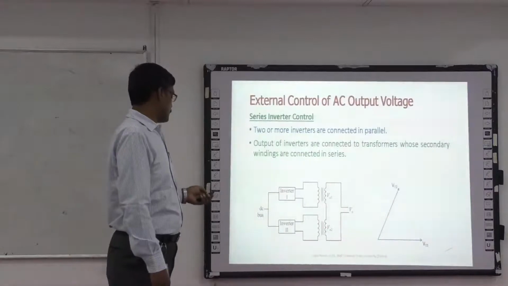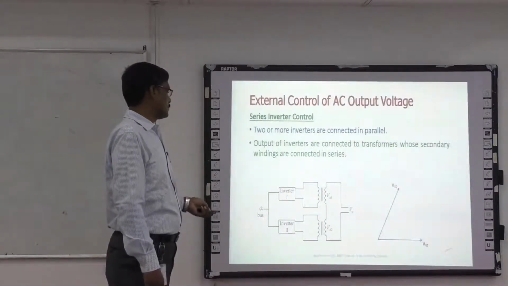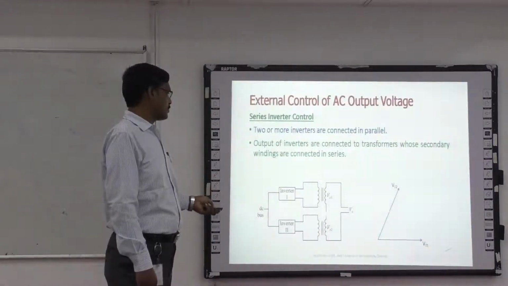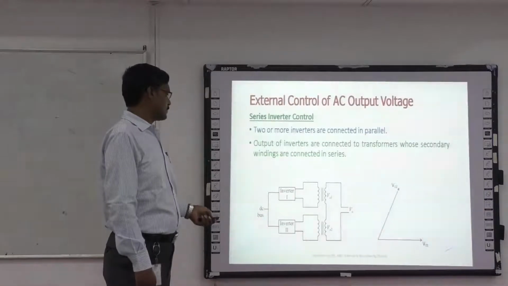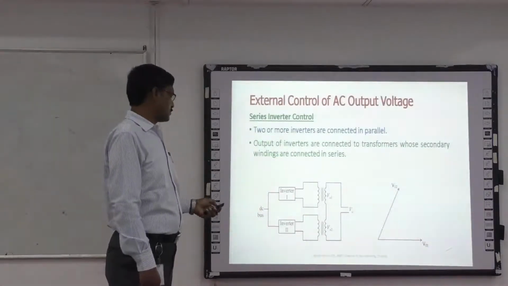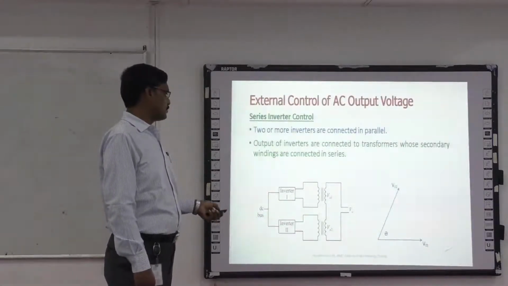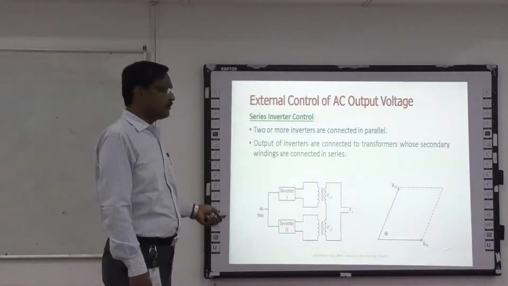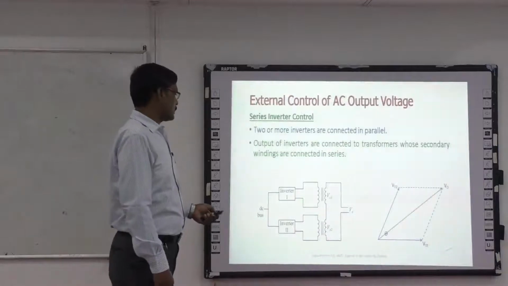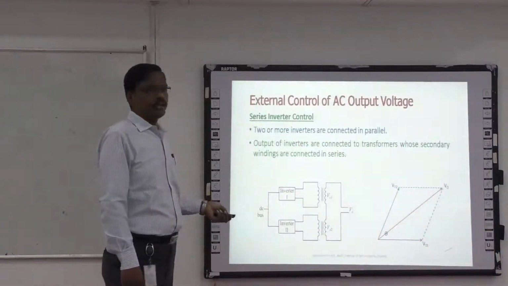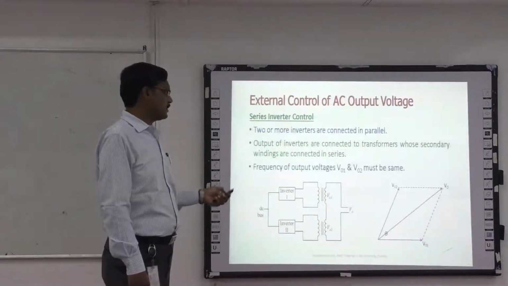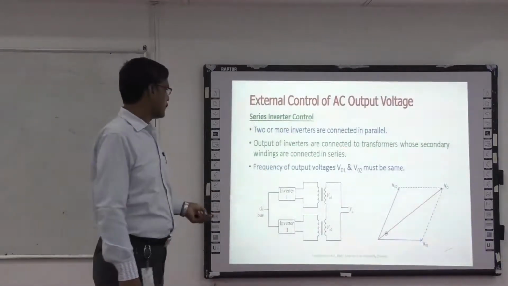For example, if you consider two inverters connected to two transformers, the secondaries of these two transformers are connected in series, so that we get the vector sum of these two outputs as the final output. That is V0 equals the vector sum of V01 and V02. The major thing here is that the frequency of these two inverters should be the same. Then only can we use this method.